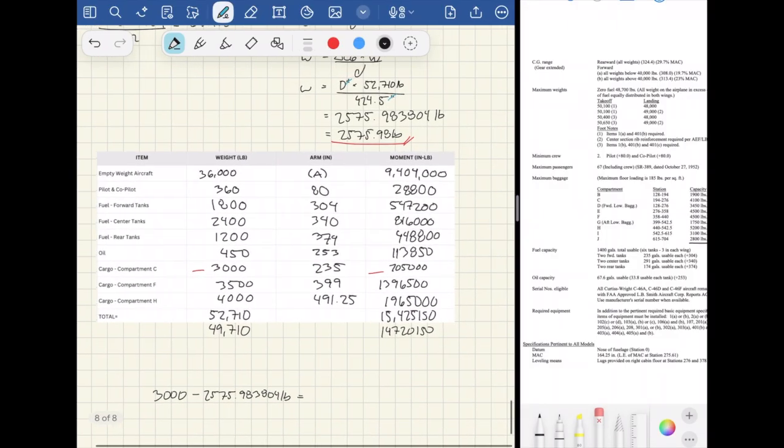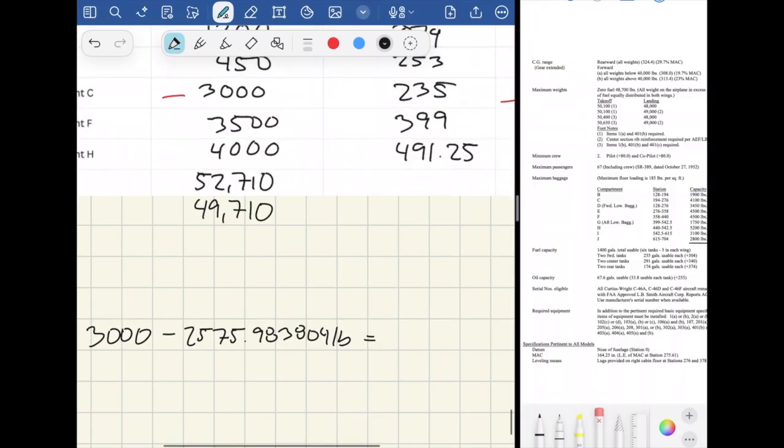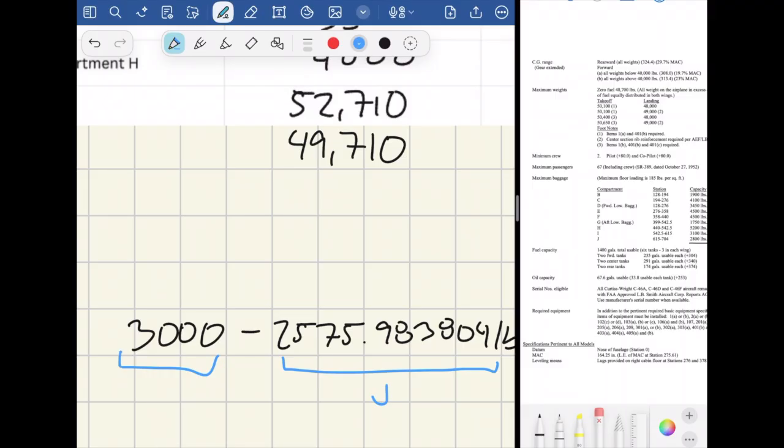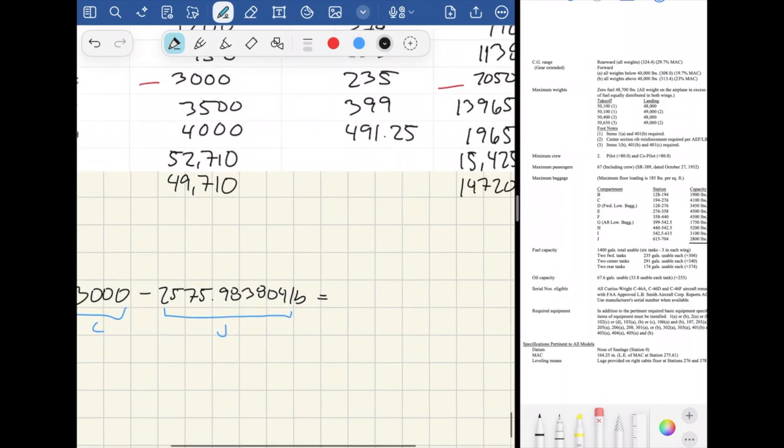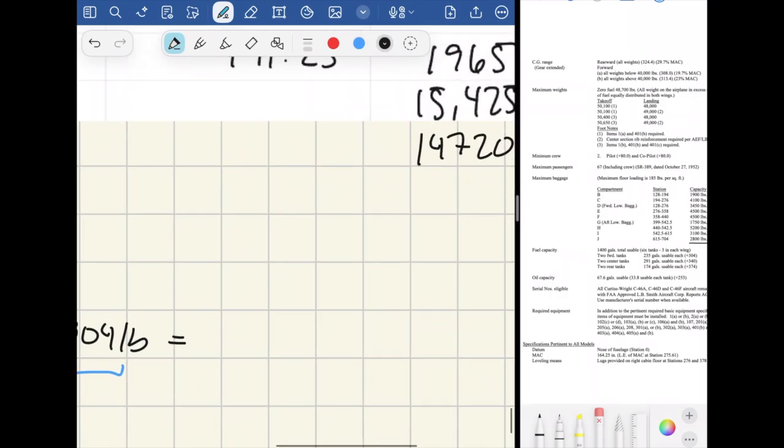Tama ba? Same ba? Alright, so we will now subtract that. To keep in mind, yung value na ito yung nasa compartment J. Ito kasi nasa C. Diba, like, yung sum of the weight napunta na sa J. So, we need to subtract para malaman natin kung ano yung natira sa compartment C. So, ang natira ay 424.016196.